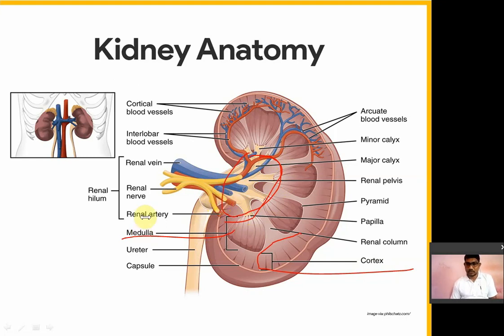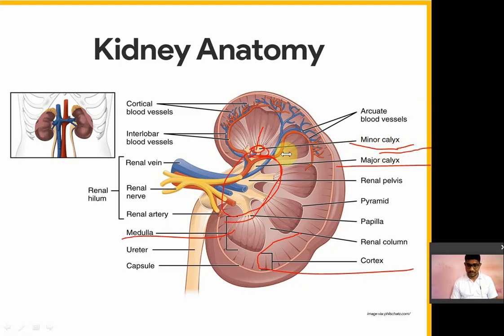Now in the renal sinus you will find a major calyx and minor calyx. A small muscular layer where there is a collection of urine from different nephrons, with small smooth muscles, is known as a minor calyx.